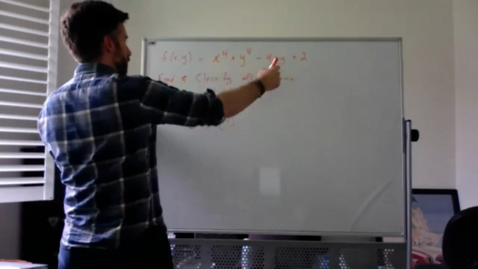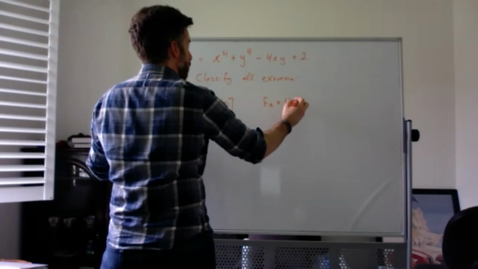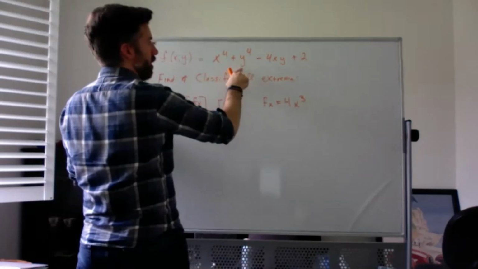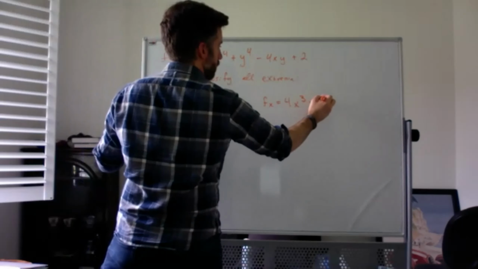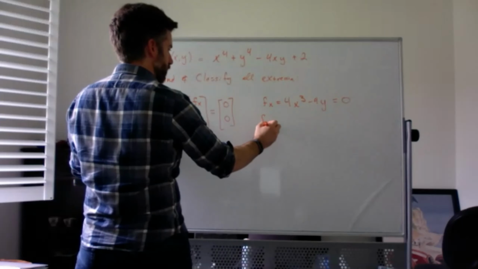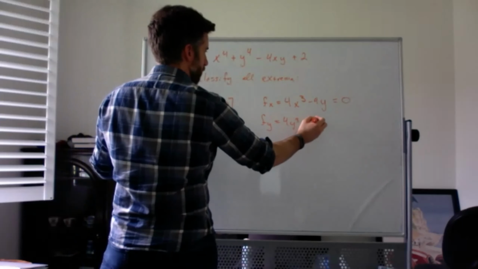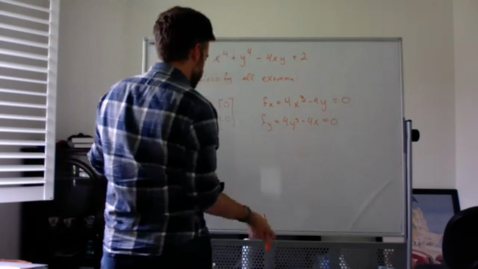So my partial with respect to x is going to be 4x cubed plus 0 minus 4y, and I'm going to set that equal to 0. And my partial with respect to y is 4y cubed minus 4x equal to 0.